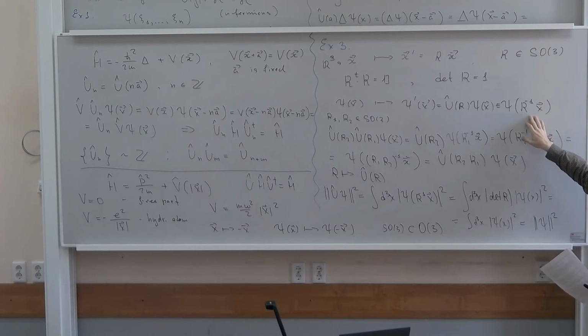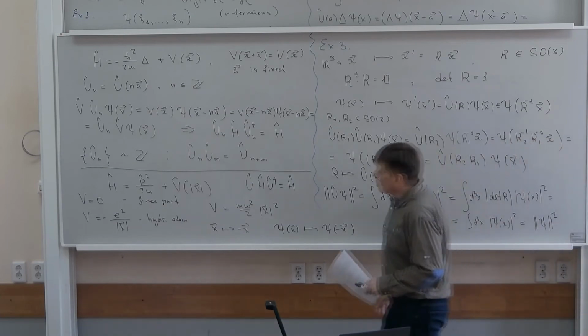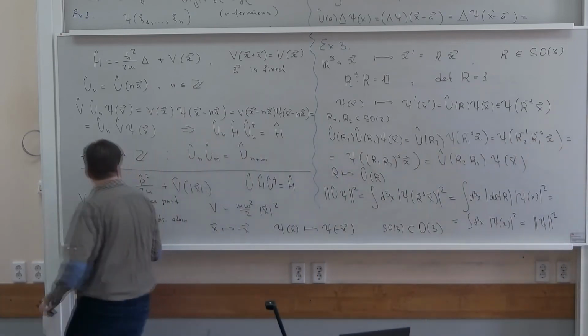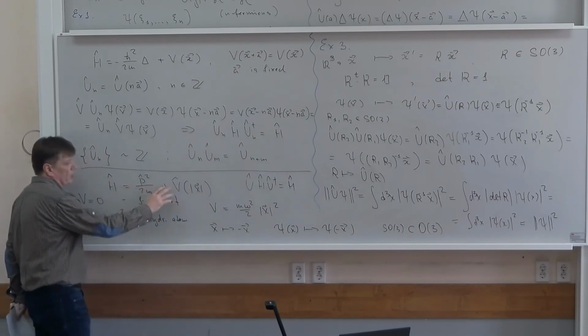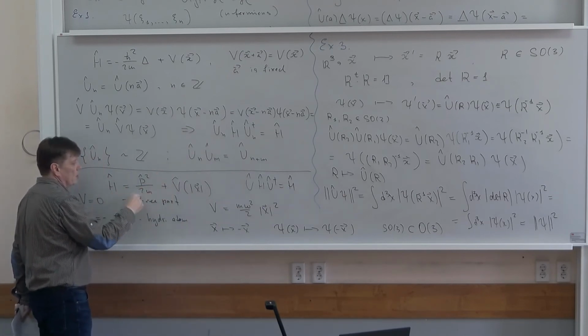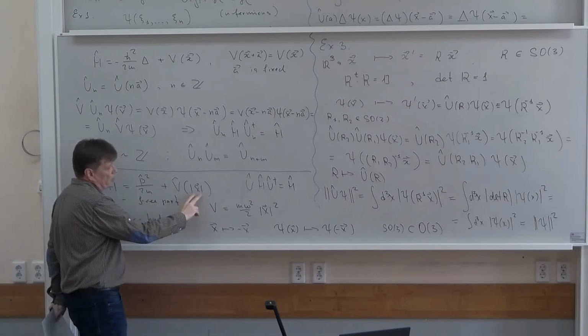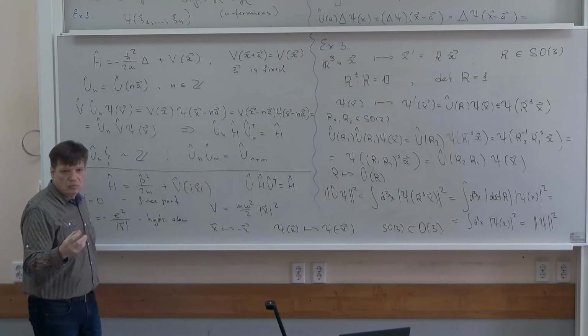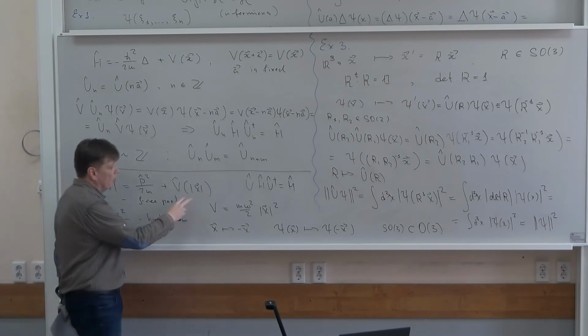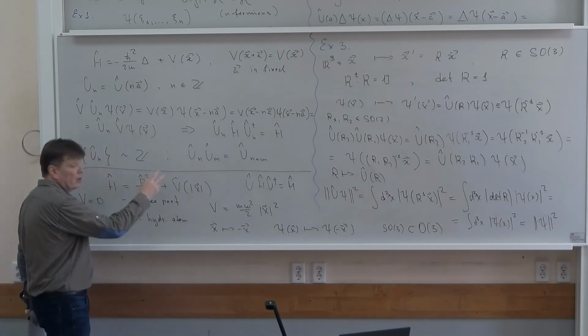And now we are interested in Hamiltonians which are invariant under rotations. And the claim was that any Hamiltonian of this form, which is given by the kinetic energy plus potential energy that depends on the modulus of the radius vector, is invariant under rotation.